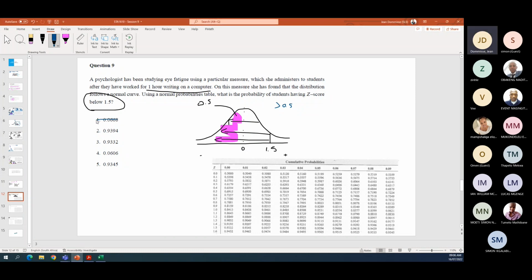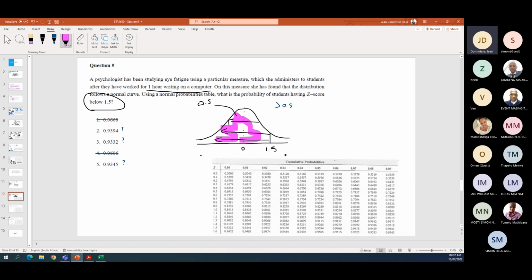So option 1 is not an option because that is much smaller than 0.5. Option 4 is not the option because that is smaller than 0.5. Okay, so I have already eliminated 2 of the 5 options that was given to you just by looking at nearly the distribution or the graph that I have drawn. Okay, so we want this whole area.